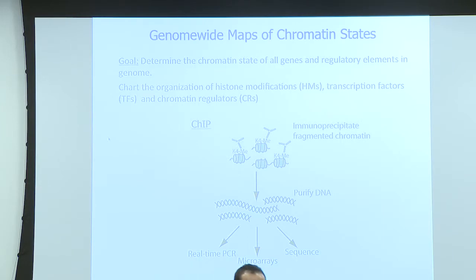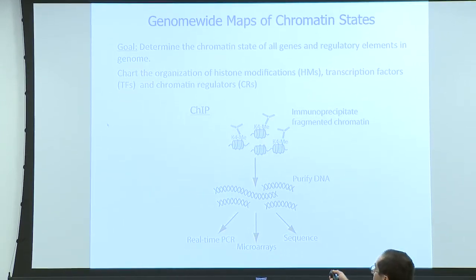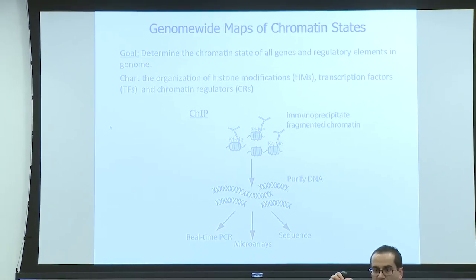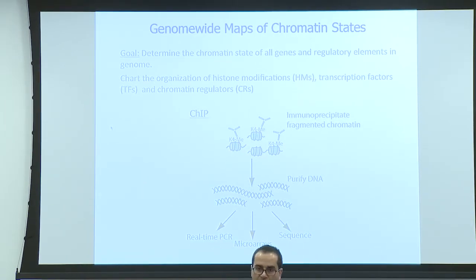Our control for that is to take exactly the same cells, shear them in the same way, but not use any antibody at all. Just take them the way they are. And we call this whole cell extract or control. And the idea is that because there is dependency on the way the chromatin is organized in the cell, or in the way we shear the cells, or in the way we cross-linked it, and so on, we want to do this control for each and every experiment.